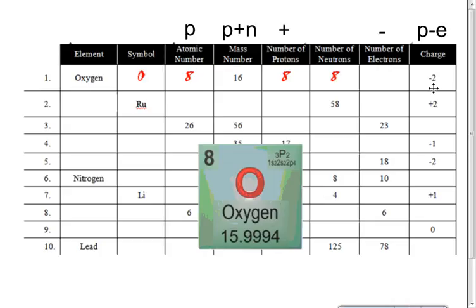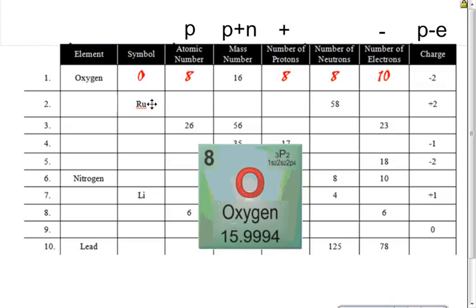It says a -2. So which ones do I have more of? The negatives, which are electrons. How many more? 2. So do I have 6 or do I have 10 electrons? It should make sense that I have 10 electrons because I have 2 more negatives than I have positives. And that's kind of what we're filling in.